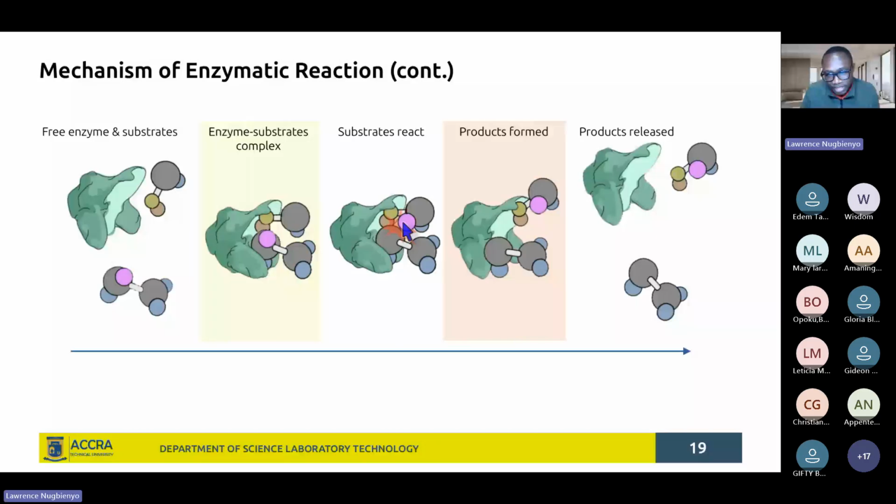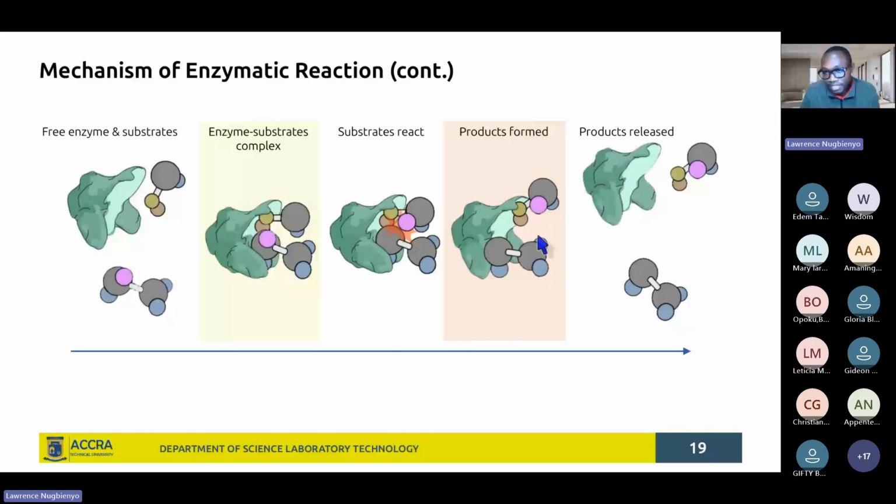The enzyme, of course, as we saw earlier, catalyzes the reaction by reducing the activation energy of these substrates. So the reaction occurs there in the active center and products are formed. And then these products are released.